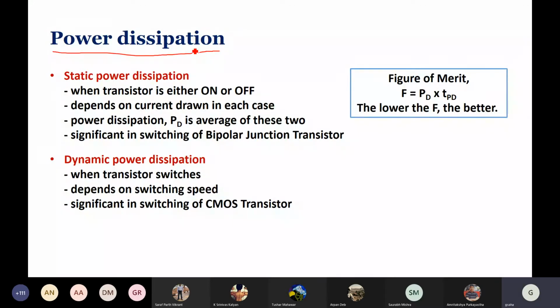The other thing is that it will get heated, right? And for the amount of temperature rise, cooling effort will be required. So you have to have a fan, you have to have fins, and the size of the area will increase. So many other things come into consideration if you look at the practical aspect of it, for which you will look for the power consumption being as low as possible.